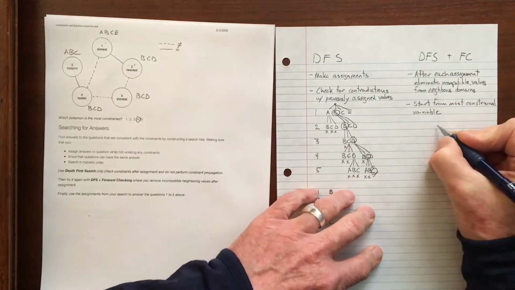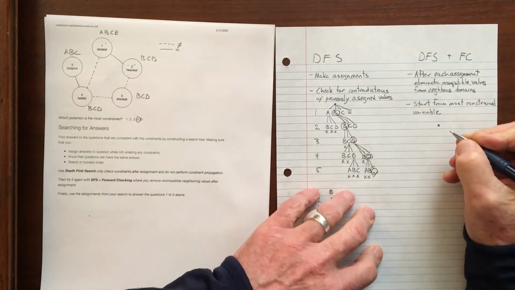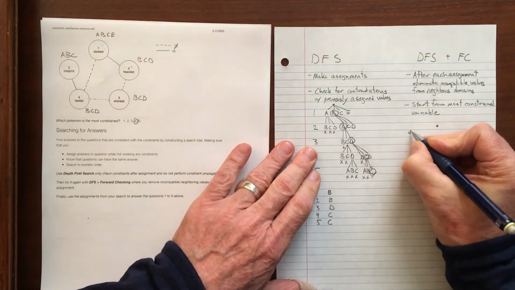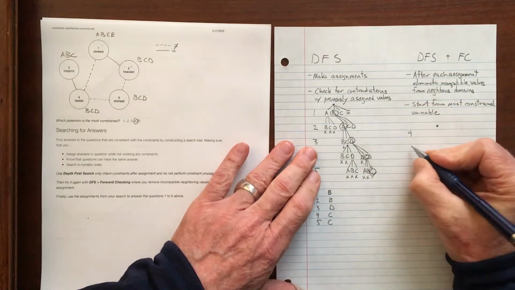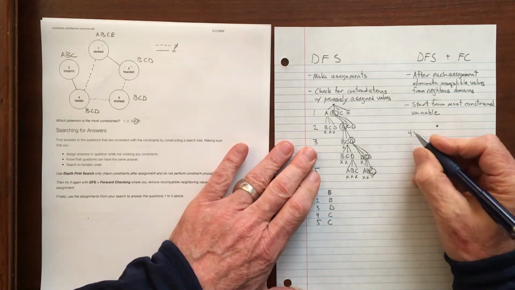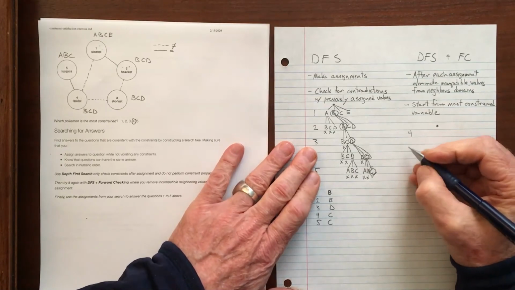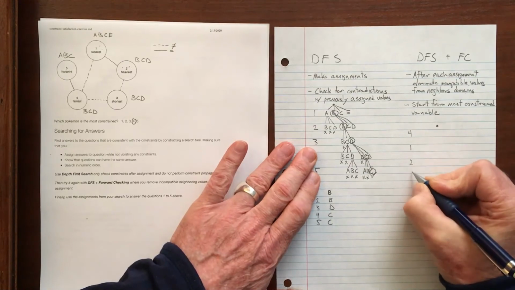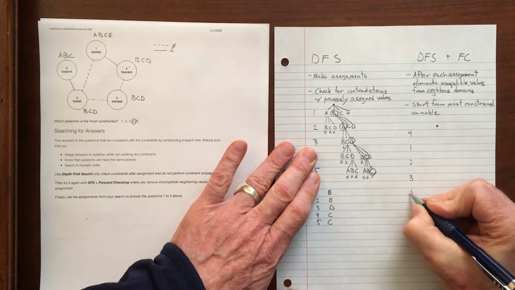Okay, well, let's see what our tree looks like over here. So now we're starting from number 4, and we're going to evaluate in reverse order of constraints. So most constraints first, and then 1, 2, and 3 all have 2 constraints, and finally 5 has 1 constraint.